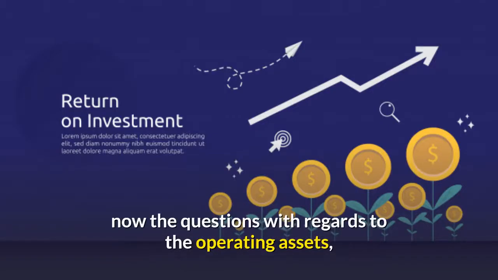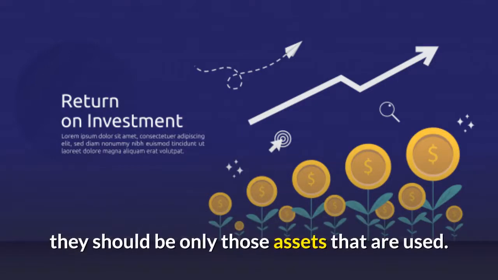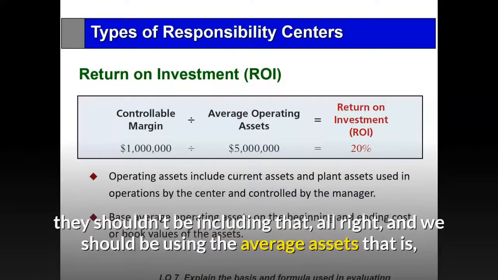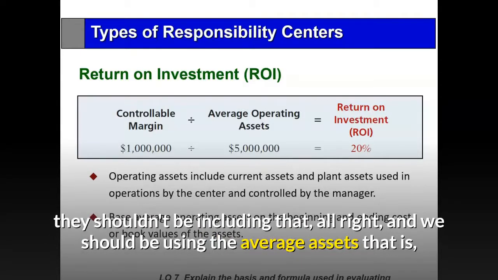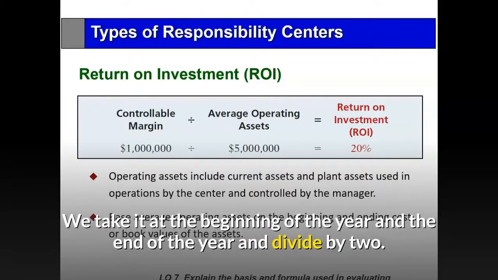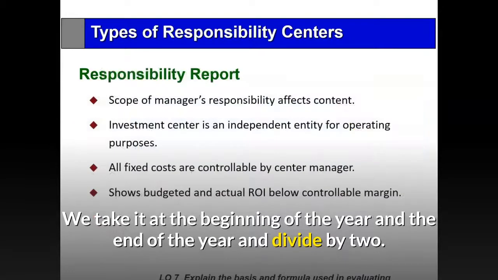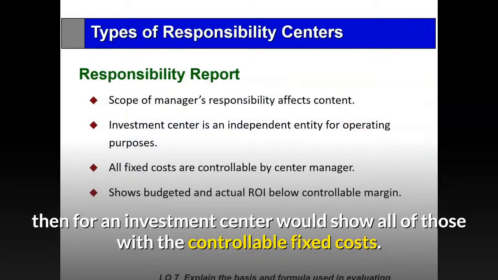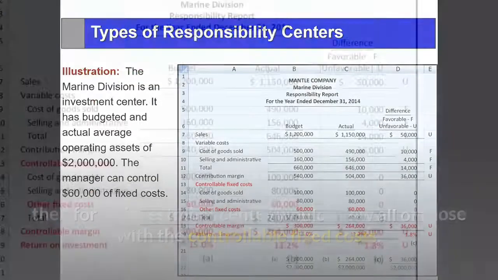Now, the questions with regards to the operating assets, they should be only those assets that are used. If the investment center has an investment in some future development, they shouldn't be including that. All right. And we should be using the average assets. That is, we take it at the beginning of the year and the end of the year and divide by 2. And the responsibility report then for an investment center would show all of those with the controllable fixed costs.